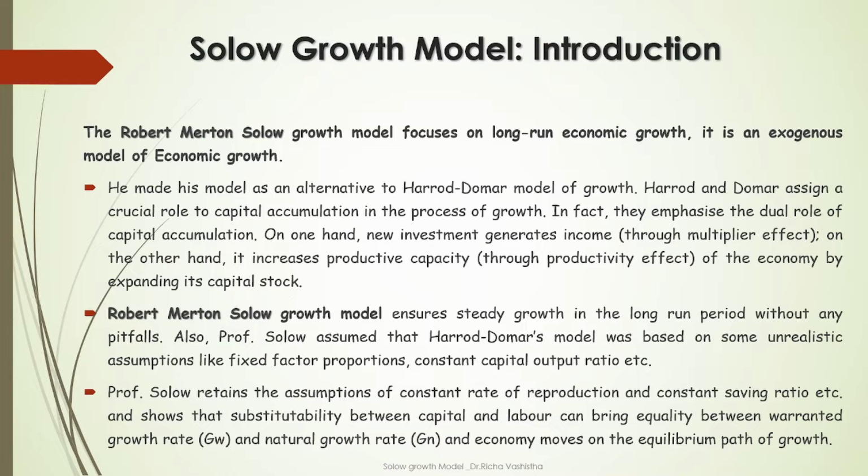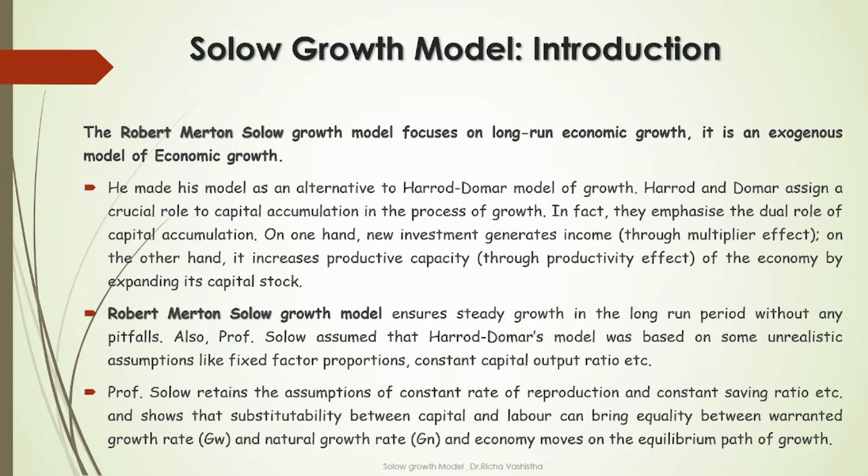Also, Professor Solow assumed that the Harrod Domar model was based on some unrealistic assumptions like fixed factor proportions and a constant capital output ratio, and how that comes out we'll see further. Now, the assumptions in this model comprise a constant rate of population growth and a constant saving ratio. We'll see the assumptions further.